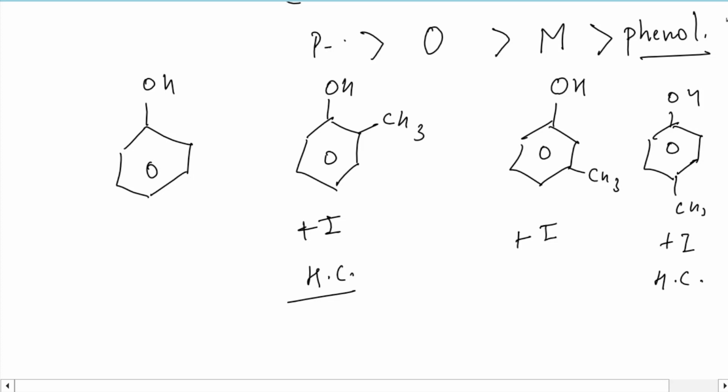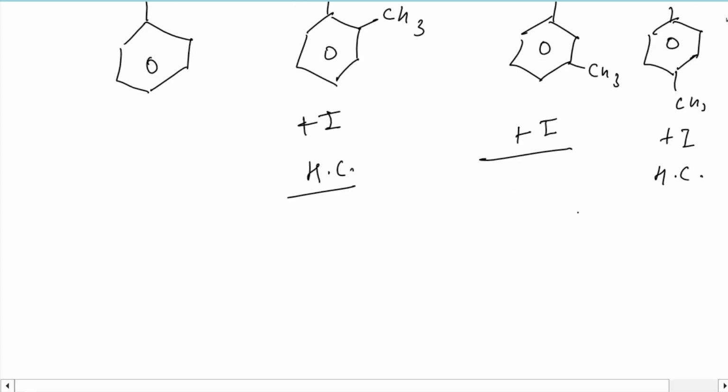Next to this comes metacresol, and next to this is paracresol, and then orthocresol. Why is orthocresol least acidic? Because it is having maximum plus I, and also hyperconjugation is present.